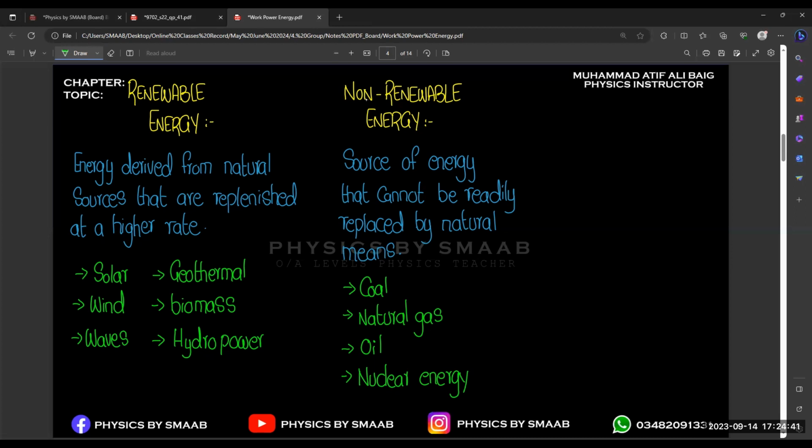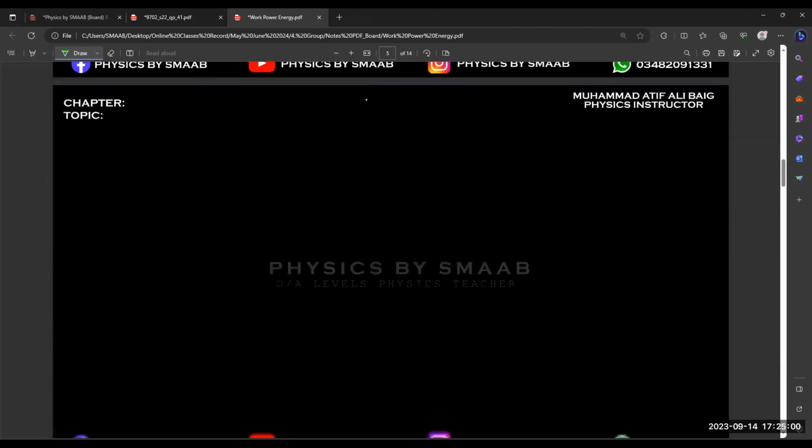Now there are multiple types and categories of renewable and non-renewable sources, but in your syllabus some specific sources are included, and you need to know everything about each source. The first one, the very common one that we write in the renewable column, is solar.